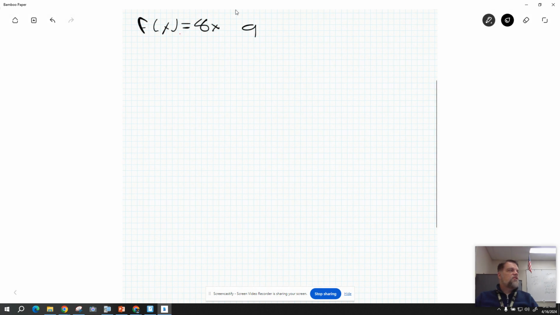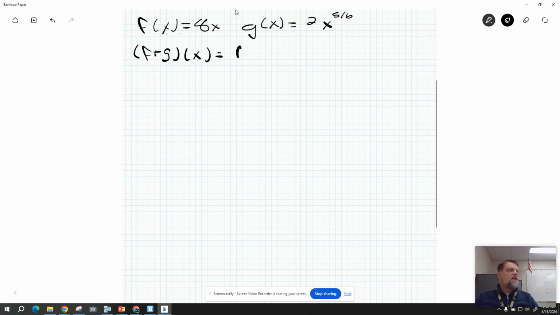Let's let g of x, I didn't change the color at all, g of x equal 2 times x raised to the 5/6. Okay, and so they want us to evaluate f plus g of x, and so let's do that.